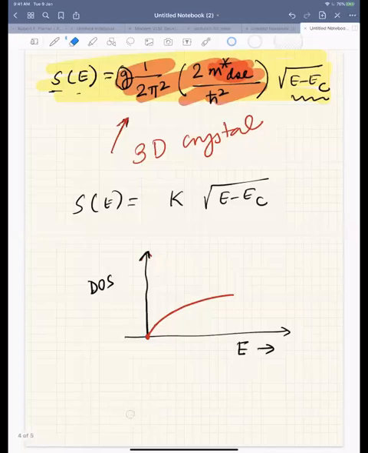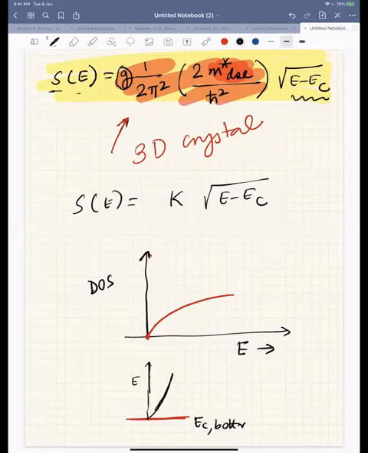So if this is the bottom of the conduction band here, and you are going towards the top, then if you plot the density of states with energy, where the energy is increased, as you go on increasing the energy, your energy states will vary like this.